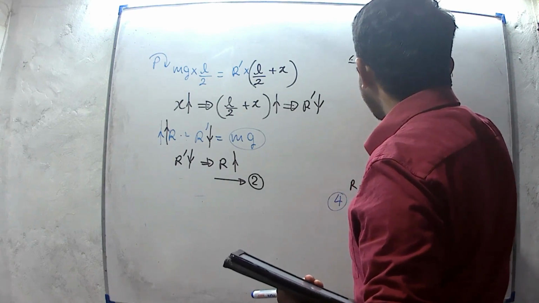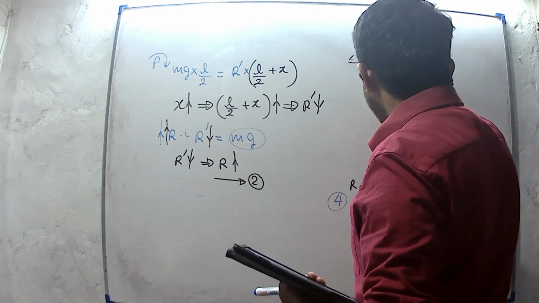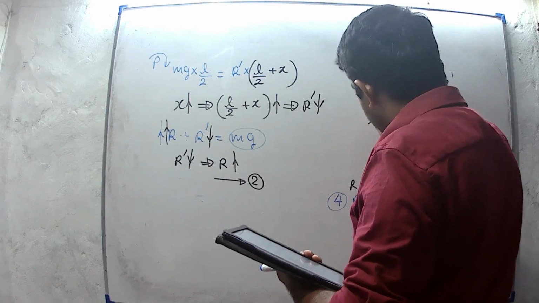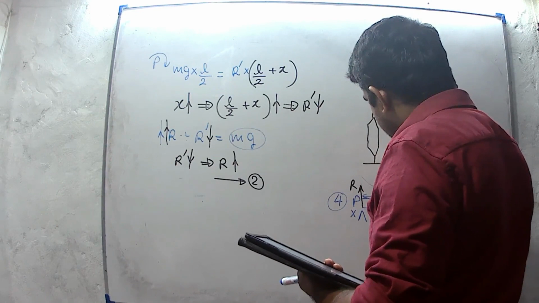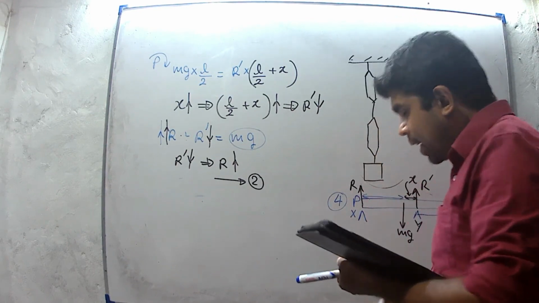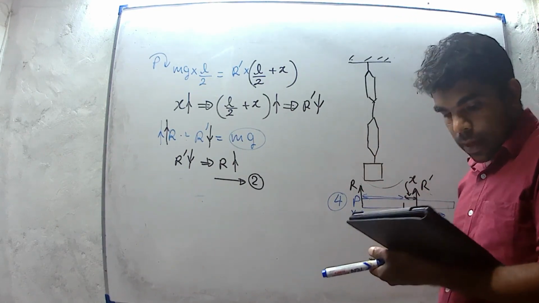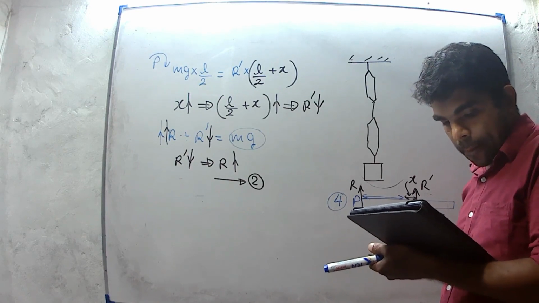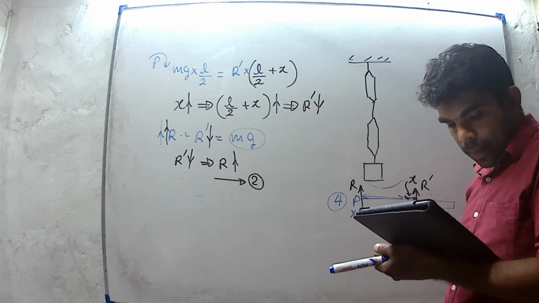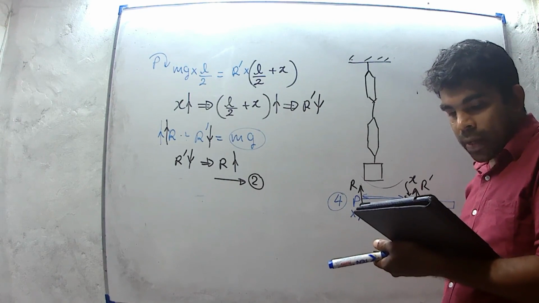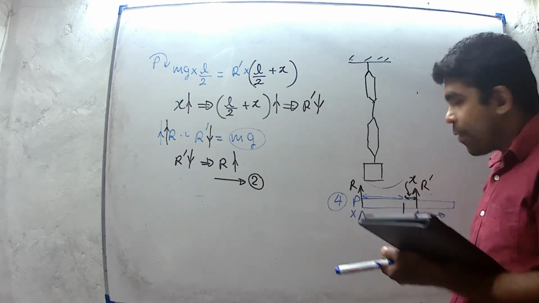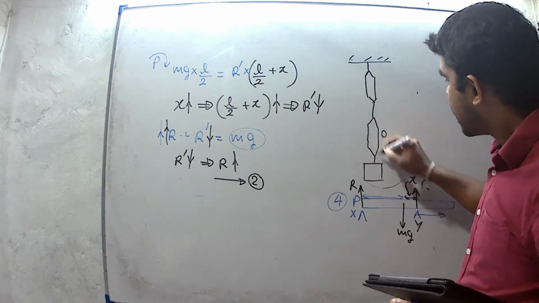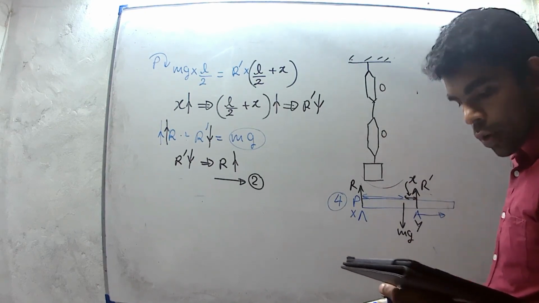There are two scales like this, and the mass is 10 kg. Two spring scales of negligible mass. Therefore, the mass of this spring is 0 kg and this spring also 0.